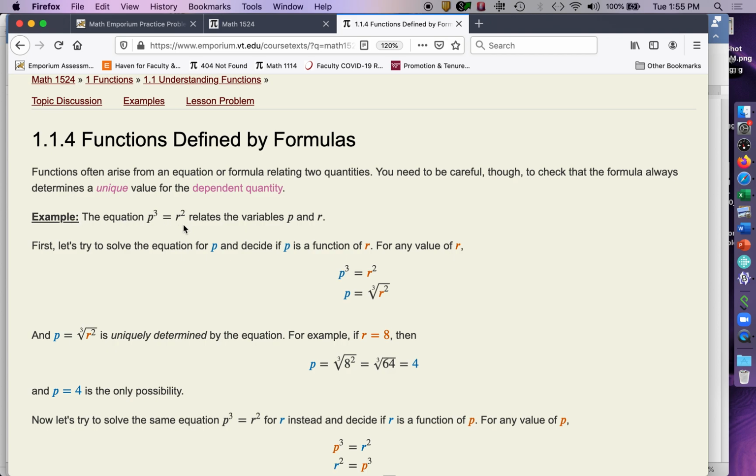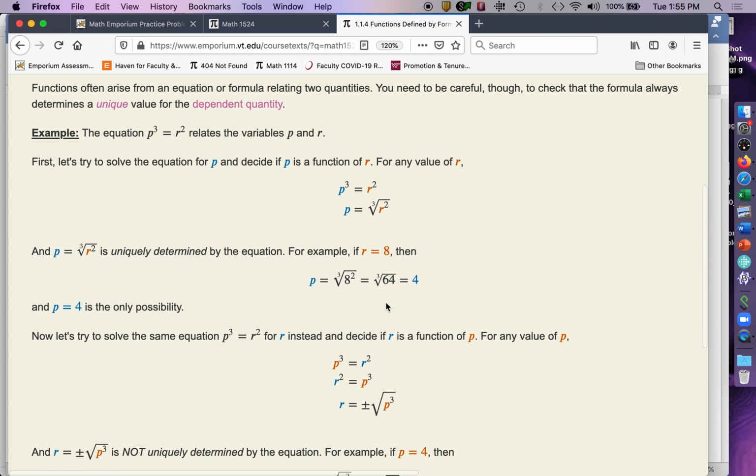And here is this exact question. In the example, the equation p cubed equals r squared relates the variables p and r. First, let's try to solve for p, to decide if p is a function of r. They take the cube root of each side, and they get that p equals the cube root of r squared. Well, that's okay. That's a function.